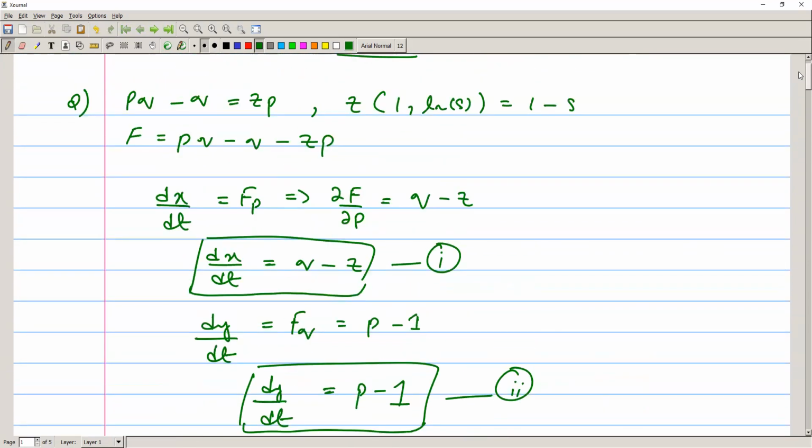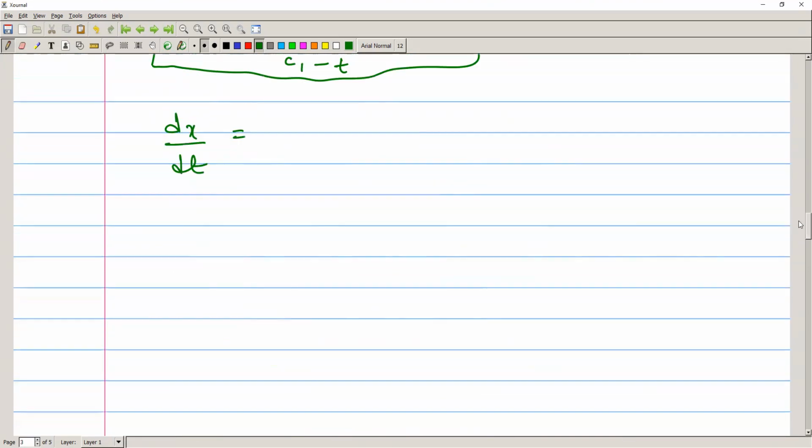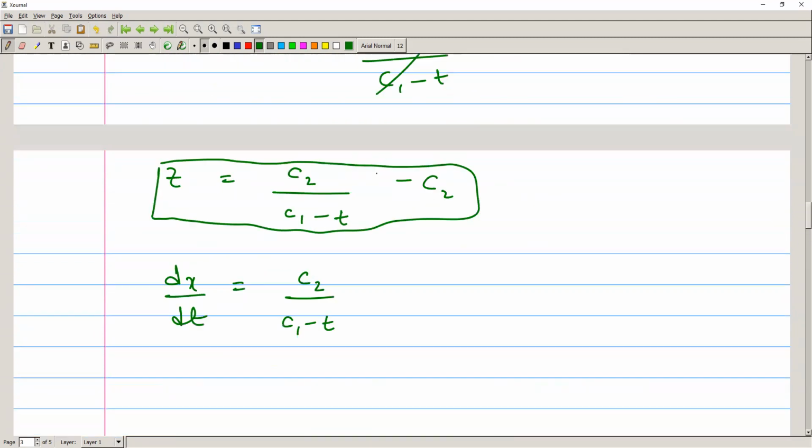In fact, yes, it's q minus z. So q is c2 over (c1 minus t), and then z is equal to negative c2 over (c1 minus t) plus c2. So this will cancel out, and dx is equal to c2 times dt.